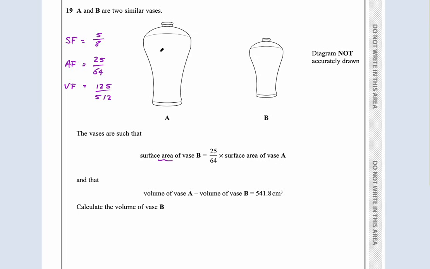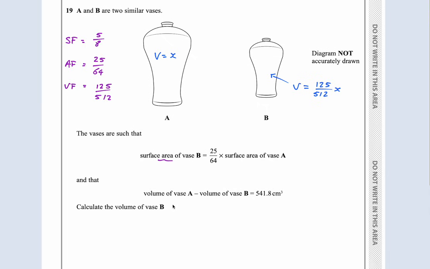What I'm going to do is call the volume of A, well, I could call it V. Let's just call it X. Volume of A is X. Okay, now that means, according to this equation, the volume of A is X and the volume of B is 125 over 512 X. This guy's V. Okay, this is why I didn't choose V. It's a fraction of X, and this is the fraction of X because this is the volume factor.